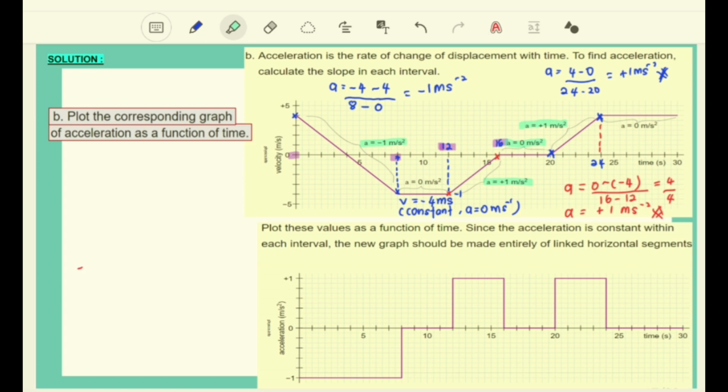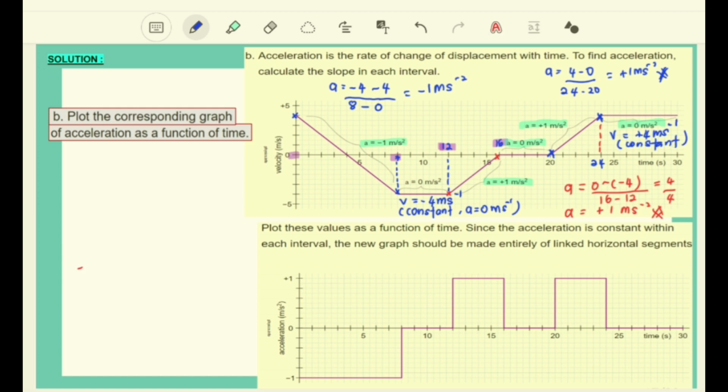And this one is not moving, so it's equal to 0. Sorry, wrong. Now a is equal to 0 because v is constant. v is equal to positive 4 meter per second. It's constant, so acceleration is equal to 0.